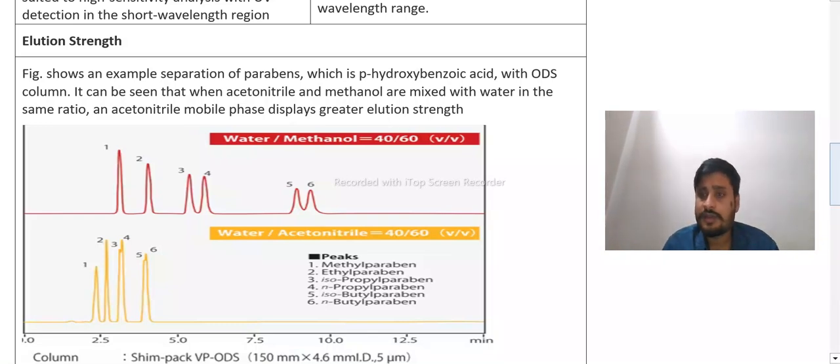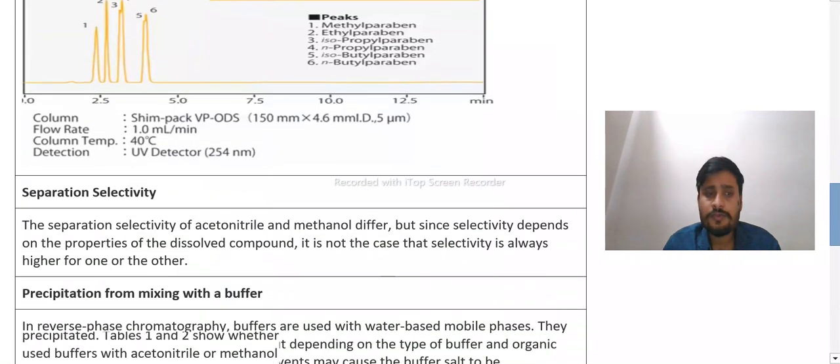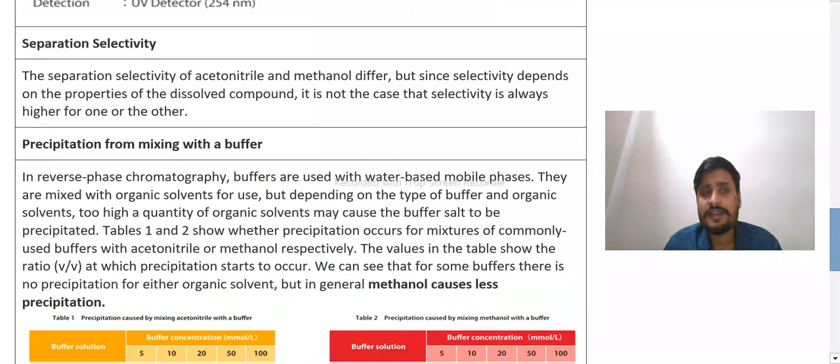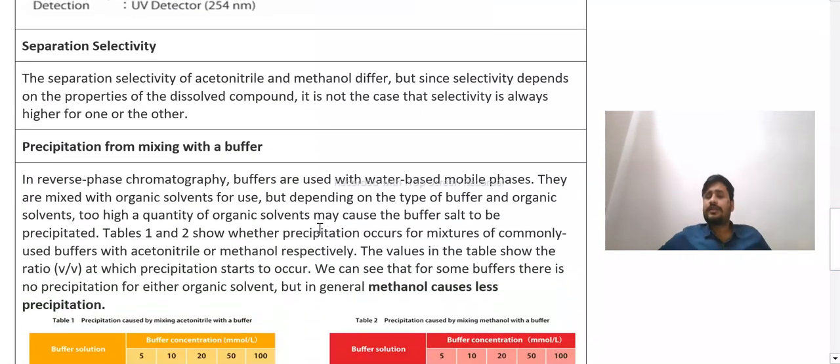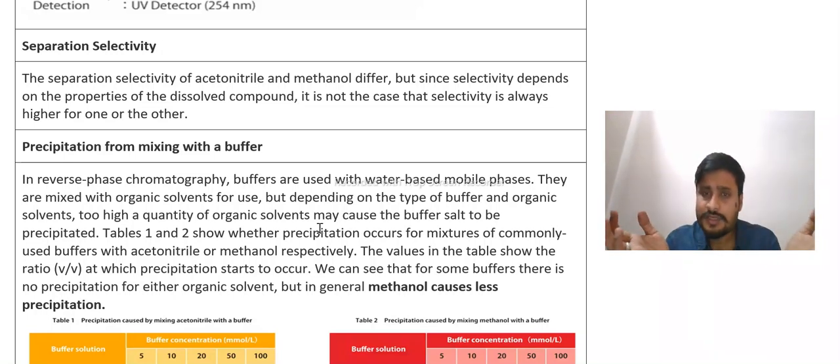So again, another topic for the comparison is separation selectivity. Separation selectivity, whether we use acetonitrile or methanol, depends totally on the column and on the molecule structure, what kind of molecule we have for analysis and what kind of selectivity it gives.